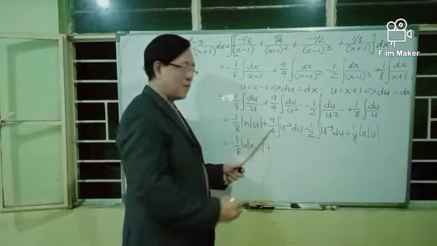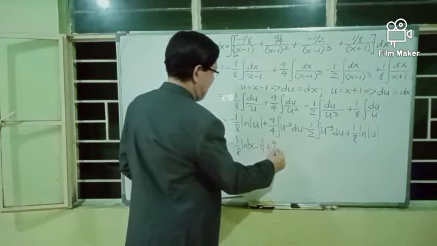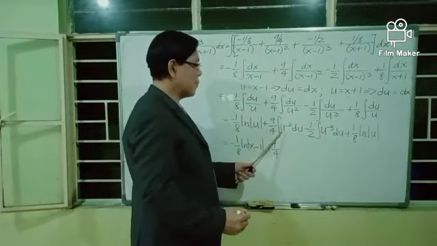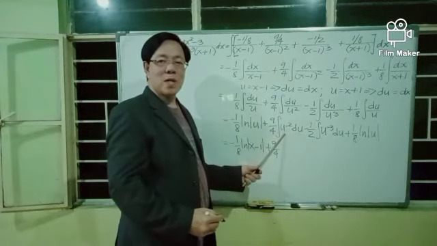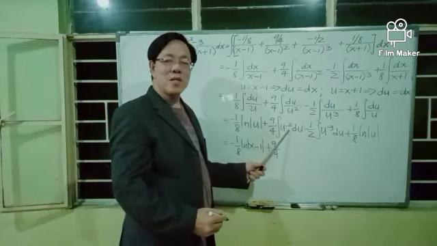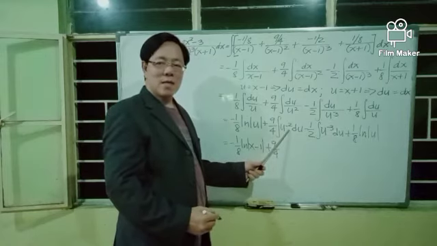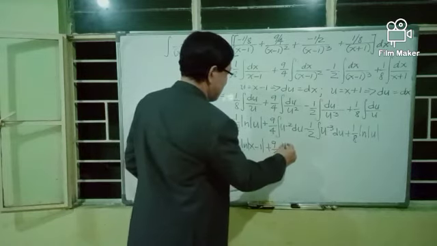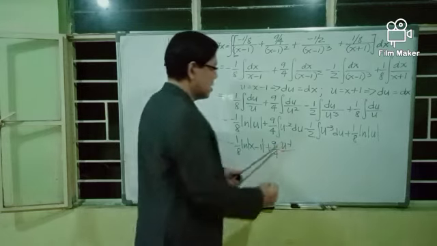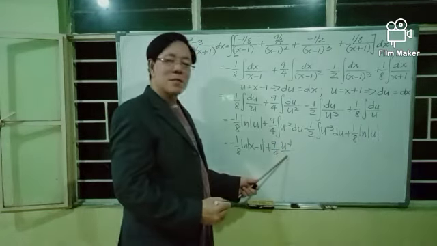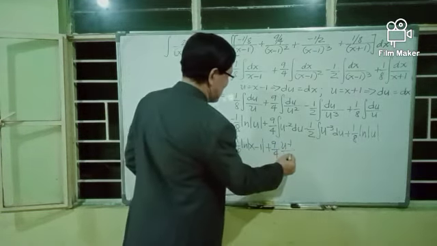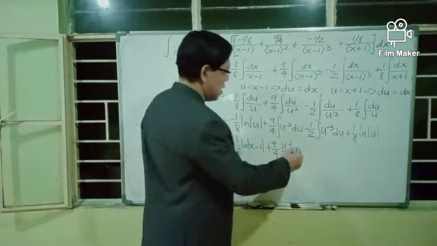Plus 9 over 4 multiplied by the integral of u to the negative 2. Negative 2 plus 1 is negative 1, and the answer negative 1 we use as divisor. Minus 1 half.